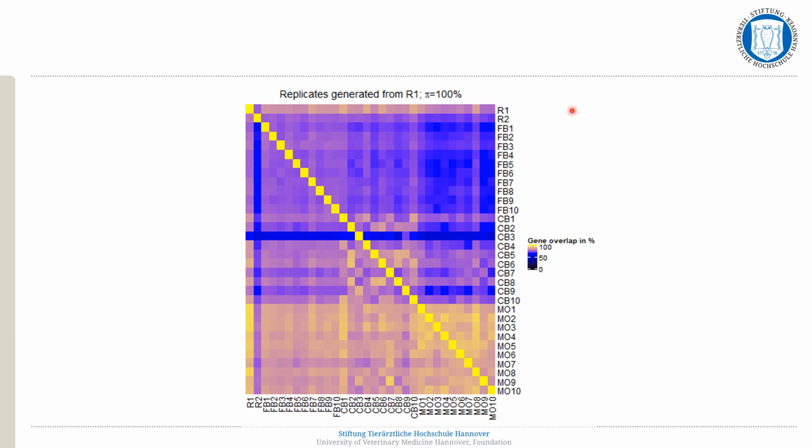However, if we look at the second row, the overlaps with the true replicate 2, so R2, we can observe that bootstrapping from reads have a little stronger overlap. And also we did a gene enrichment analysis, and we visualize it the same way as this heat map here, and we could observe the same trend.